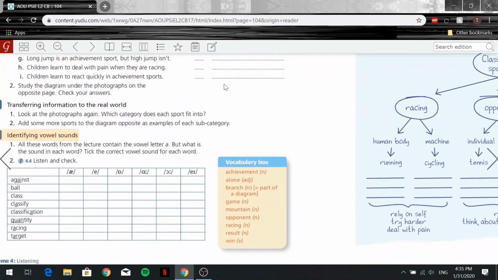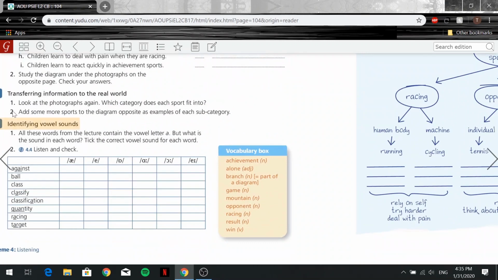So let's take a look at the vocab box before we move on. Here we have achievement, alone, branch. Here branch means a part of a diagram. Game, mountain, opponent, racing, result, and win.